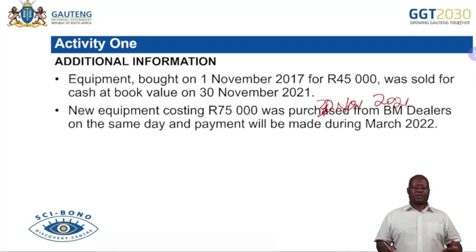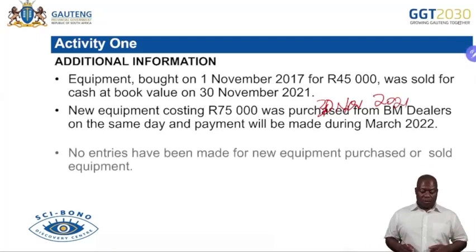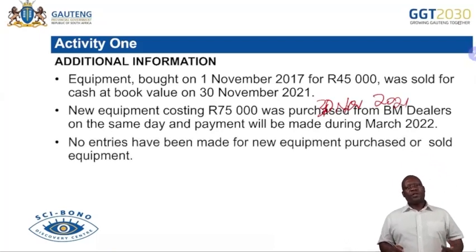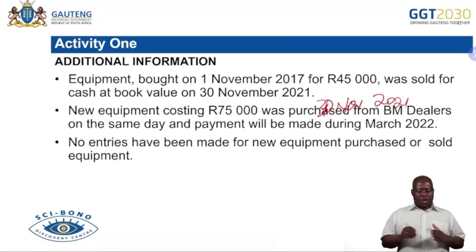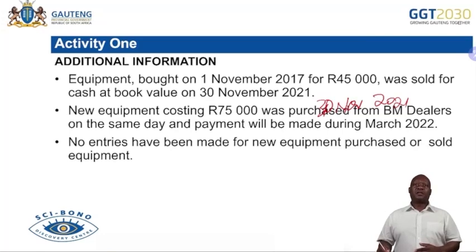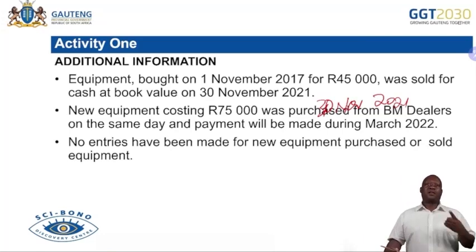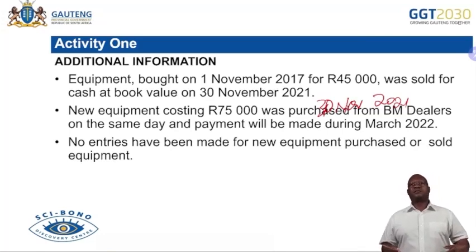Very important. We need also to take note that no entries have been made for the new equipment purchased or the sold equipment. Remember that. So there are only two things taking place: new equipment coming in, old equipment being disposed.